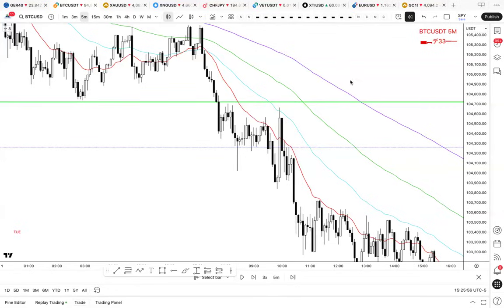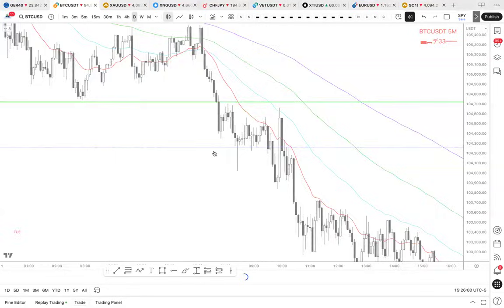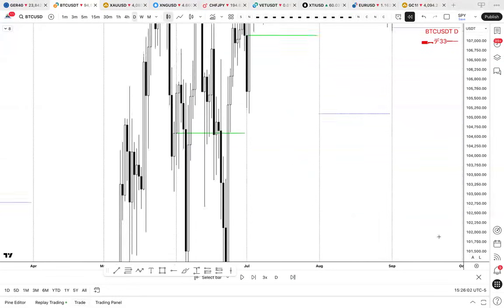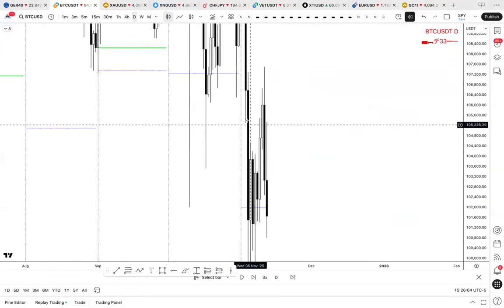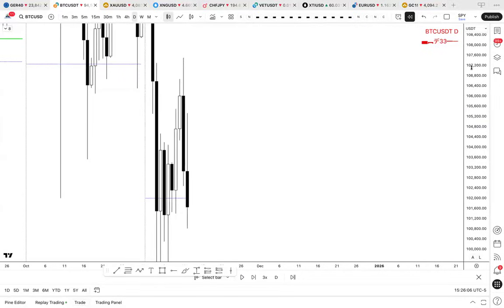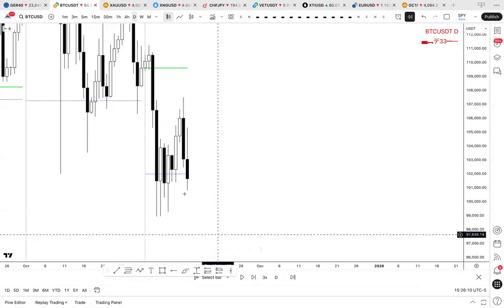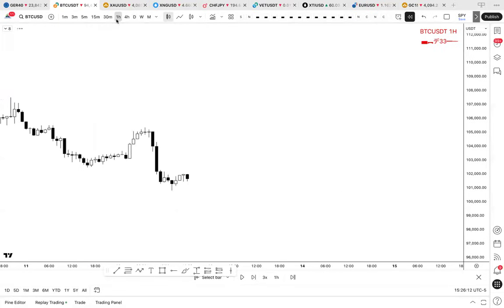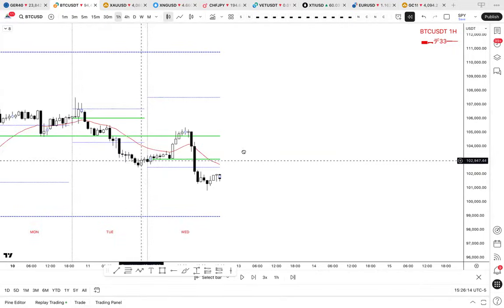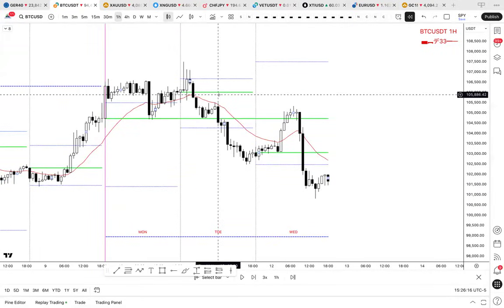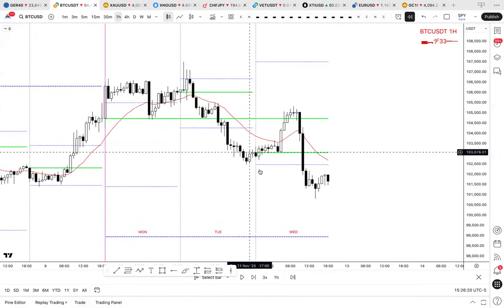Bitcoin. So this closed as our first red day, which also closed as an outside day, and also closed as a day that closed in breakout. So if I just move forward, once again, outside day, first red day, and a closing breakout.